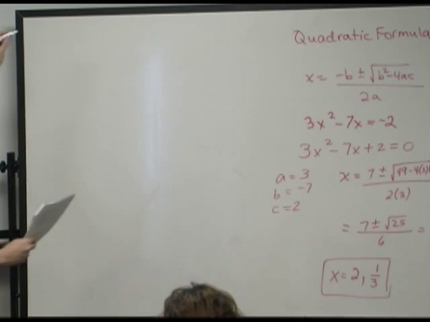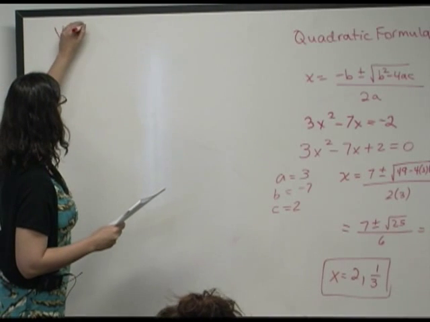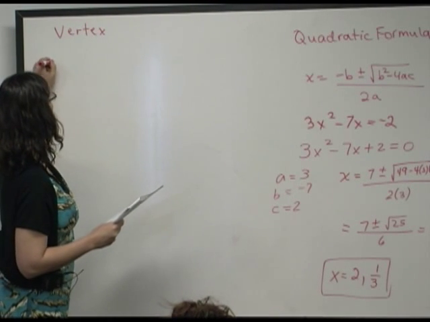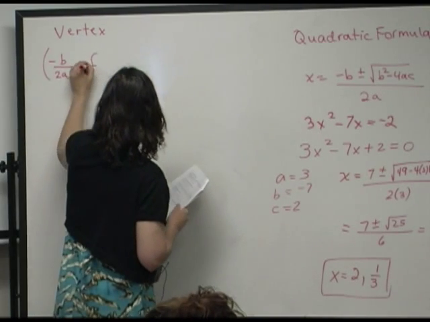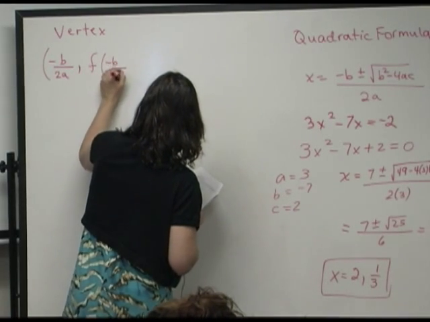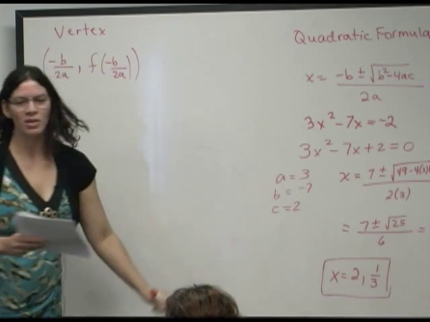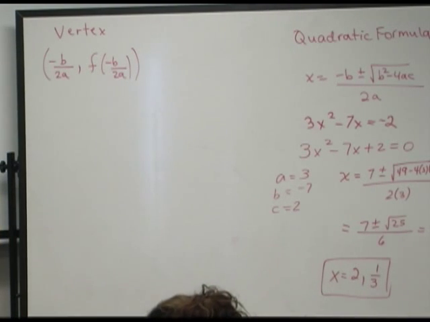Remember the vertex? How do you find the vertex? Minus b over 2a, and then you substitute that number in your function, and you find the value of y corresponding to that x.